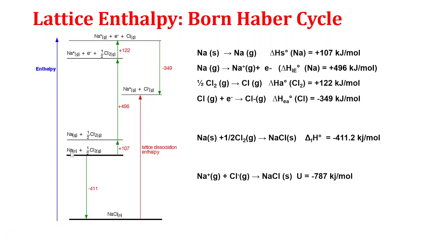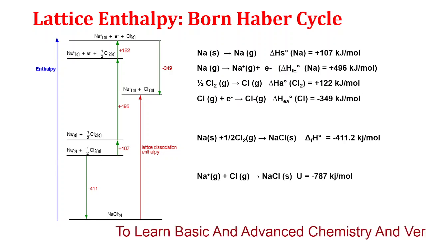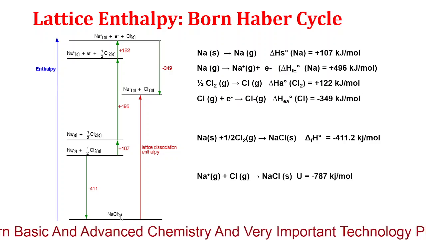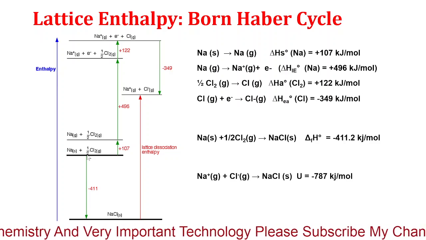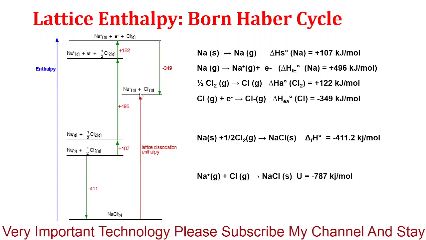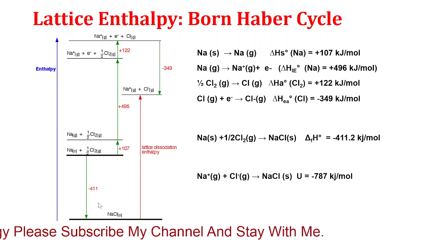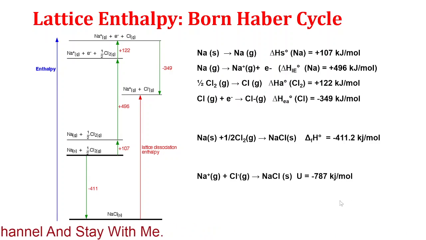Sodium is solid at room temperature, chlorine is gas. So when we can synthesize one compound from its elemental state, that is known as the heat of formation. So now you can calculate the lattice enthalpy just by addition and subtraction of all the values. Any of you have any question regarding this?